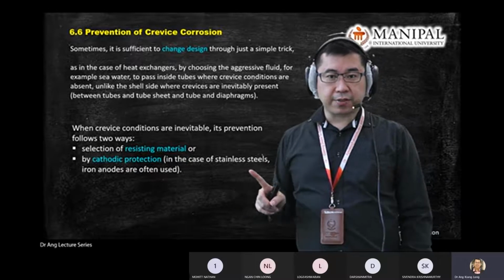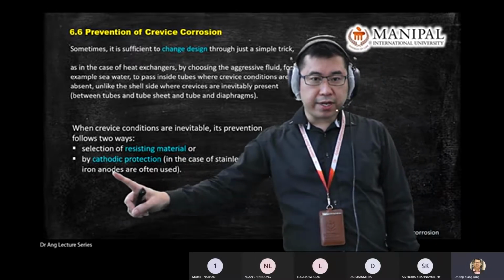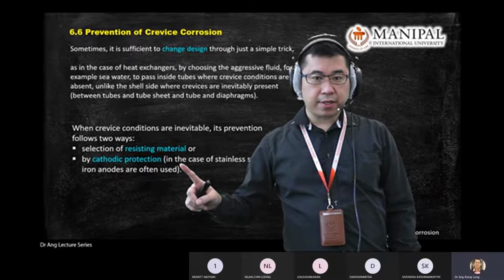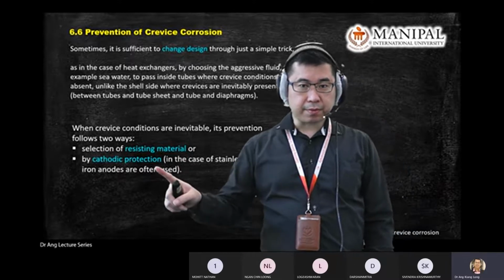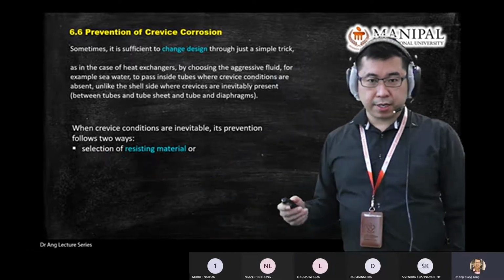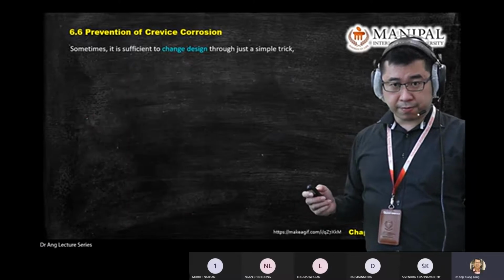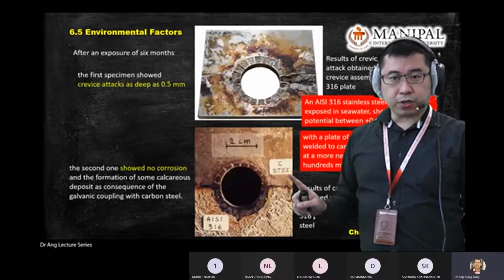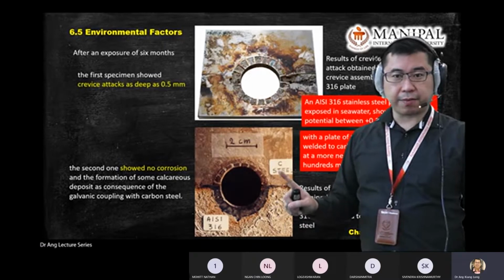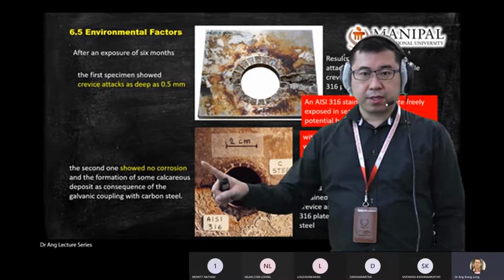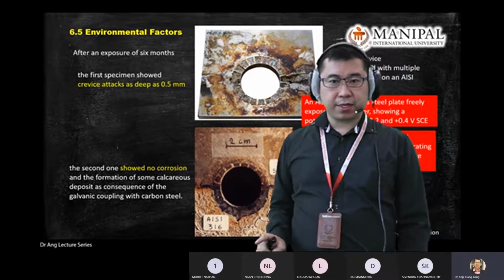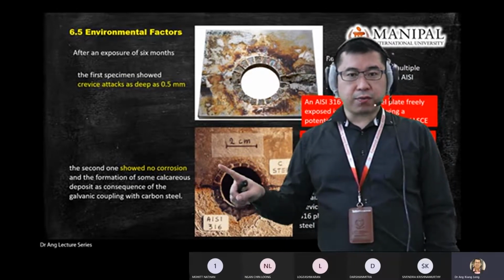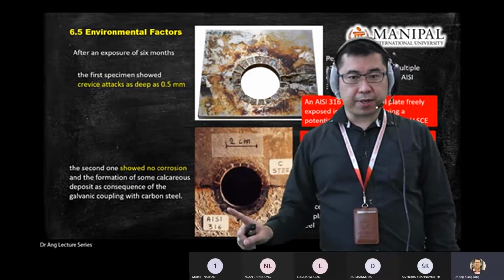In the case of standard steels, iron anodes are often used. This cathodic protection is the one that we showed you just now. When you join standard steels and metals, galvanic action takes over, and it will not allow crevice to happen.